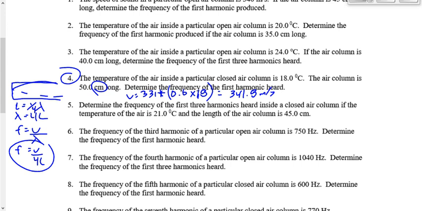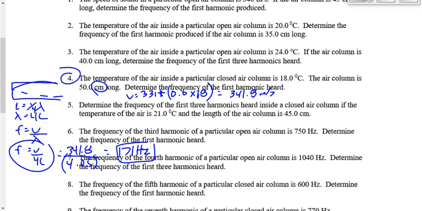So now we're going to plug that value into this: 341.8 meters per second divided by 4 times the length of this air column, which is 0.5. Say 341.8 divided by 2, basically, ends up being 171 hertz.